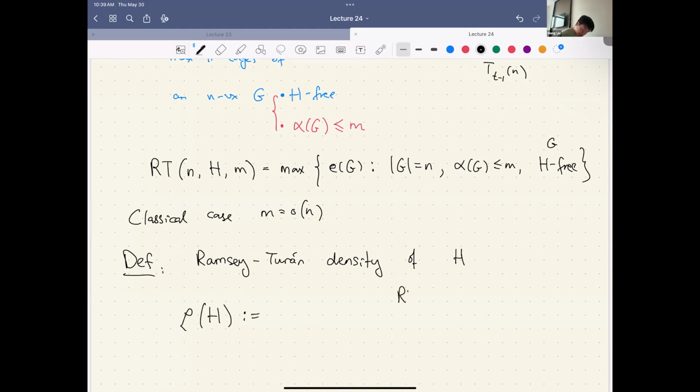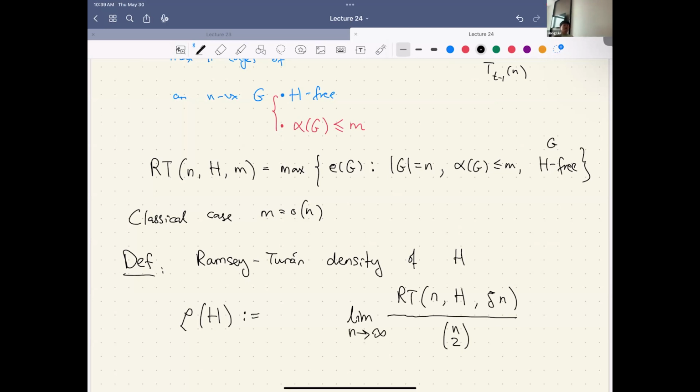First, we look at the maximum size of an n-vertex H-free graph whose independent number is at most little delta times n. We look at its edge density, so we normalize it by n choose 2. And we look at this edge density behavior as n goes to infinity.